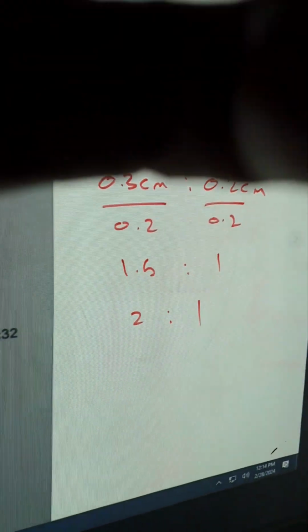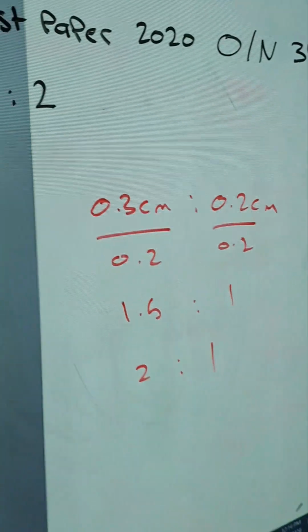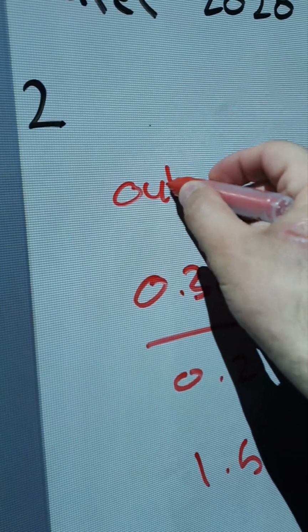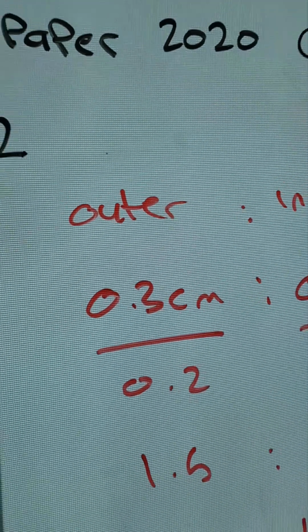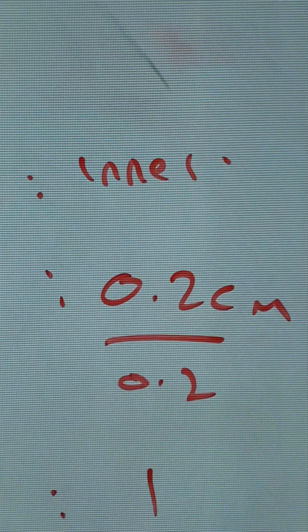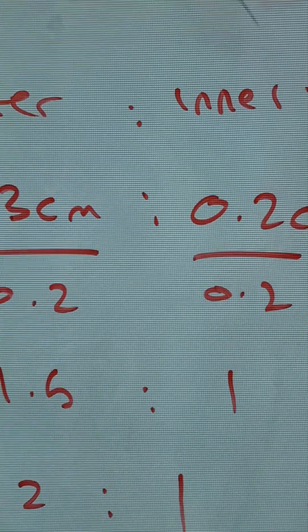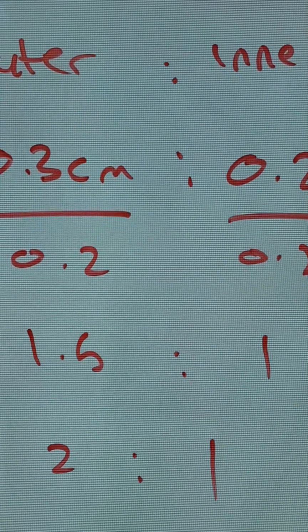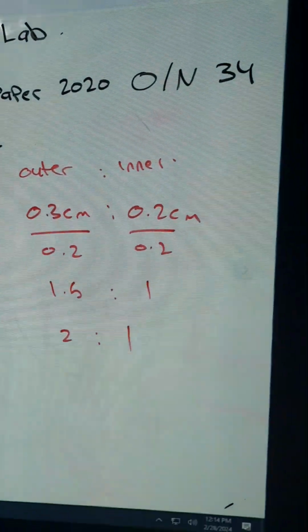So right here, you're going to say the outer layer to inner layer. Okay. So 0.3 centimeter to 0.2 centimeter, you divide it by 0.2, and then you're going to get the answer 1 to 1.5. If you round it to a whole number, it's going to be 2 to 1. Okay, this is how you make the ratio.